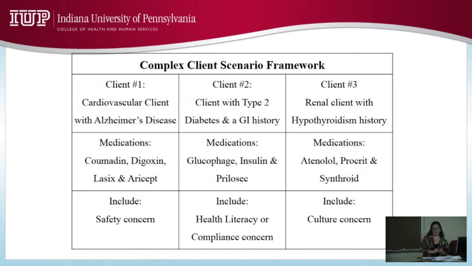Client 2 was to have a health literacy or compliance concern in the home. Client 3 was to have a cultural concern, a client of a different culture that they had to care for, to make it a very complex simulation that also met the objectives of the course.